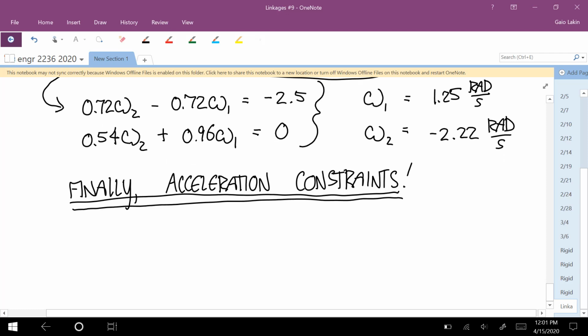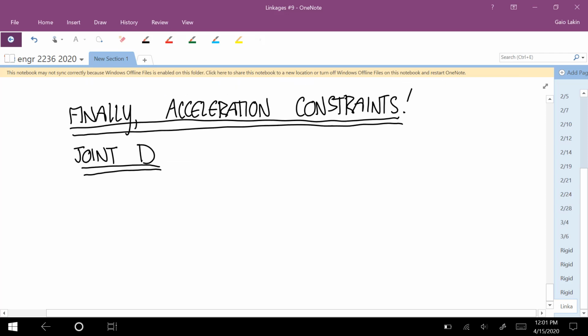So I'll start with joint D. And again, we're going to have to do it according to each member.